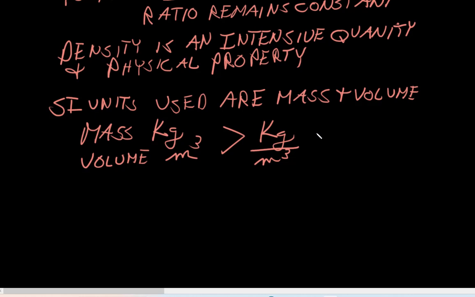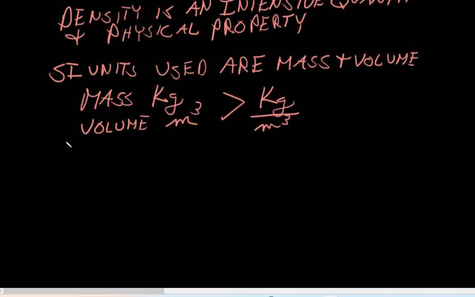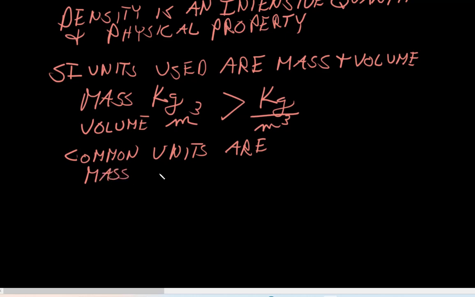So typically what you're going to see, or more commonly used, are the common units: mass is going to be grams, and volume is going to be a cubic centimeter or its equivalent, milliliter.